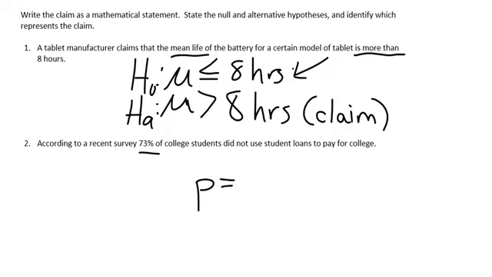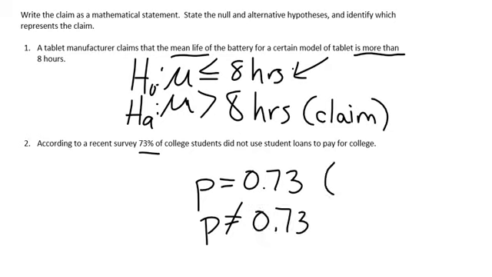Therefore, this is going to be equal to 0.73. Did not use student loans, so 73% of college students did not use student loans to pay for college. The complement is going to be the opposite. So here you have equals, the complement is going to be not equals.